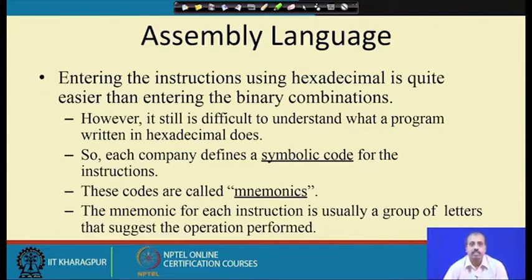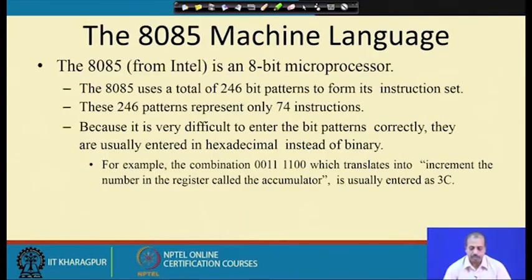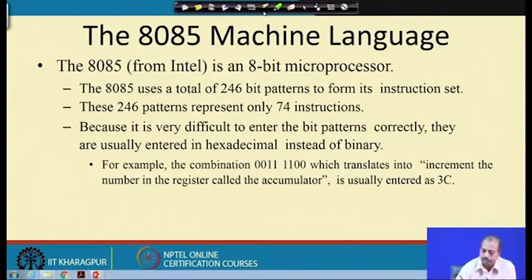Previously we saw the instruction that increments the number in the register called accumulator. Instead of writing this big statement, increment may simply be written as INR, and the accumulator is A, so this is INR A. By this text we understand that it is asking for incrementing the register A.